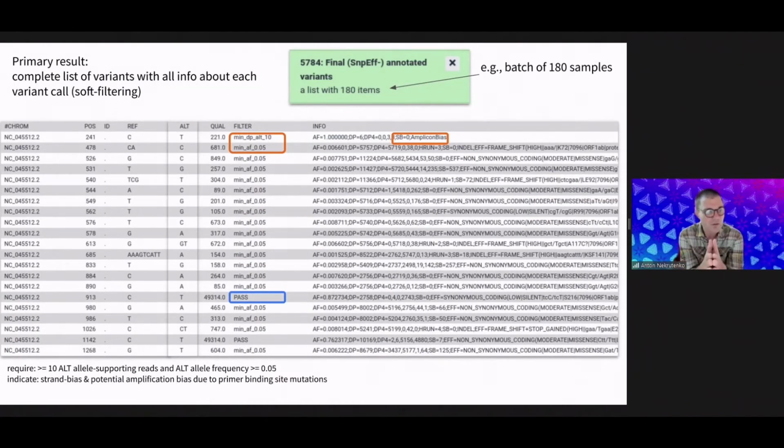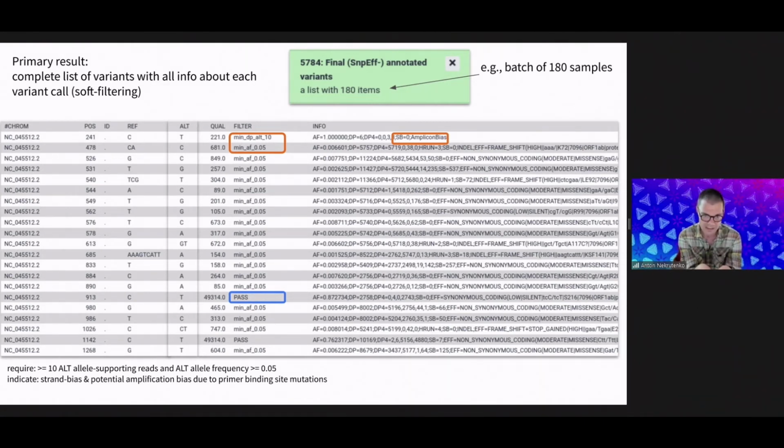And well, in the end, this is just data like this. So for those of you who are used to looking at VCF files, we provide various kinds of outputs, but we keep it all.